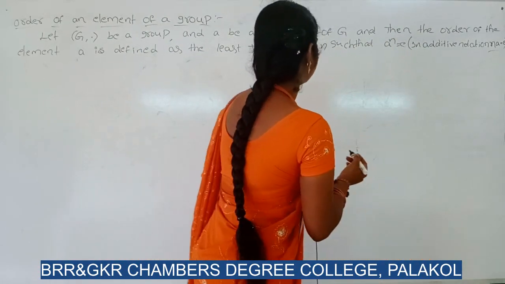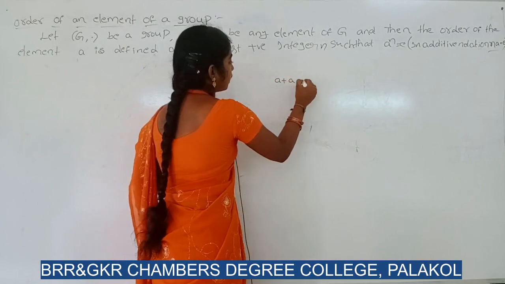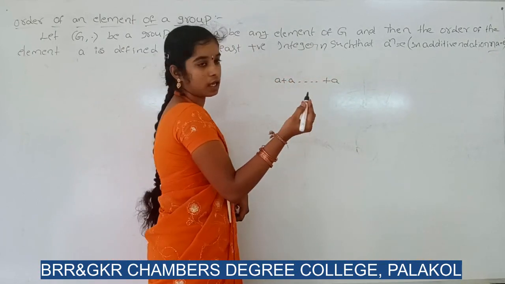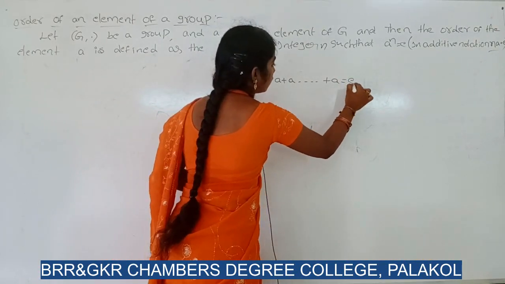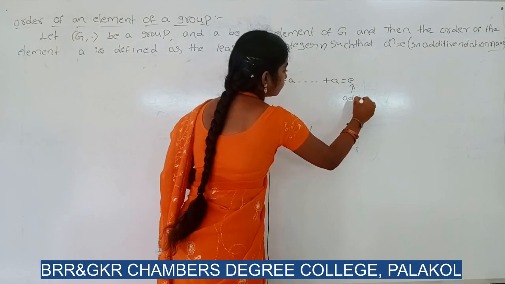Adding in additive notation, A plus and so on plus, n times, should get E. So, E is the additive identity.